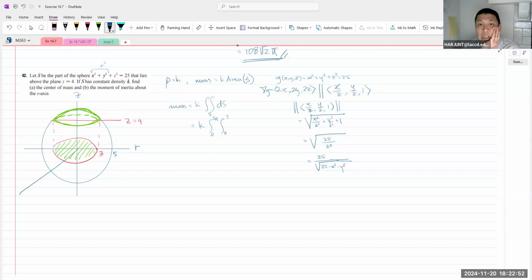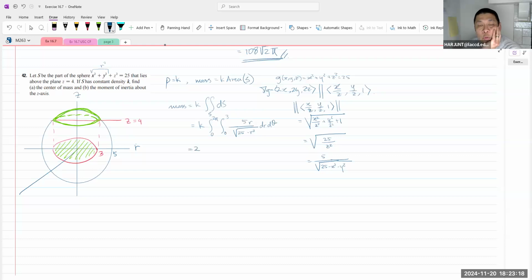So then this will be 25 over... why 25? No, not 25, it's 5, duh. It's 5 over the square root of 25 minus r squared, r dr d theta.